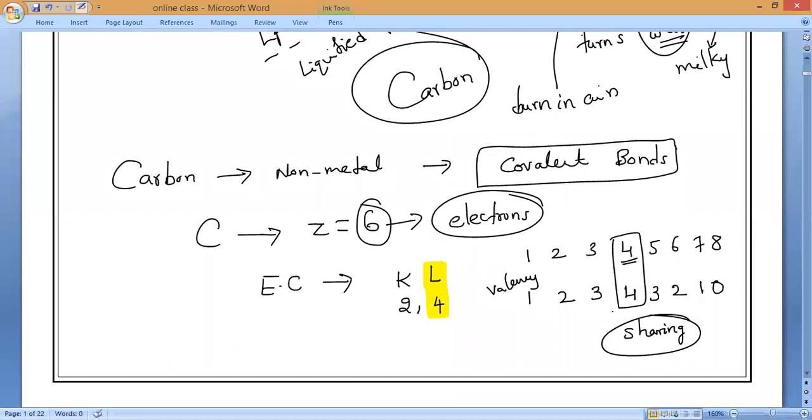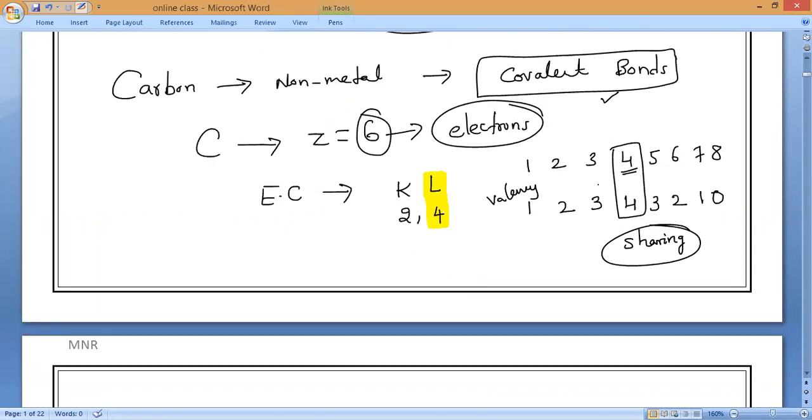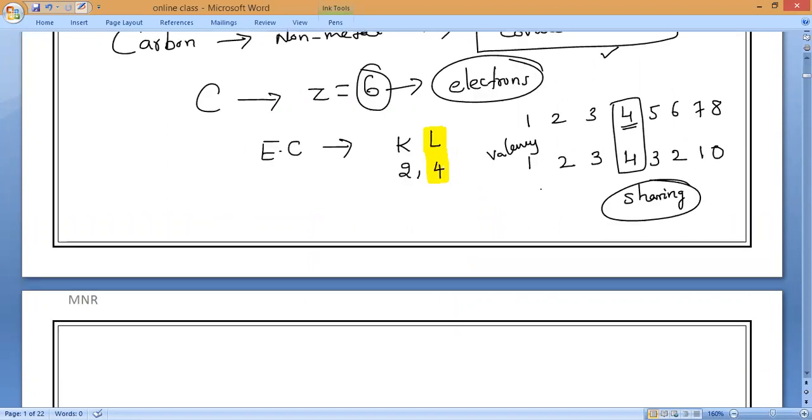So by sharing of electrons, it will form only covalent bonds. It means all the compounds formed by carbon are always covalent compounds only. It is not possible to remove 4 electrons from the carbon atom, and it is also not possible to add 4 electrons to the carbon atom.